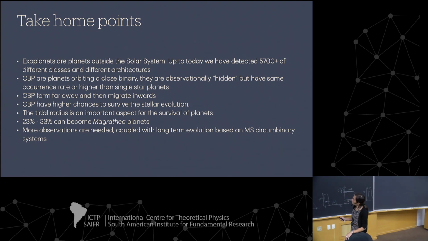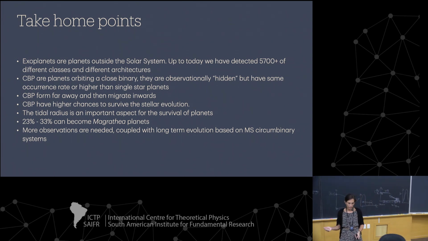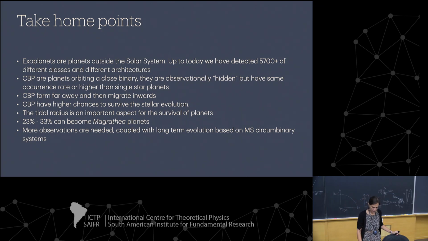We can have quite a few migratory exoplanets, but the final thing is that we really need more observations, one, to know the priors of our distribution to do a more focused synthetic population simulation. Yeah, exactly. That's what I said. Any questions before we move on to the next similar topic?